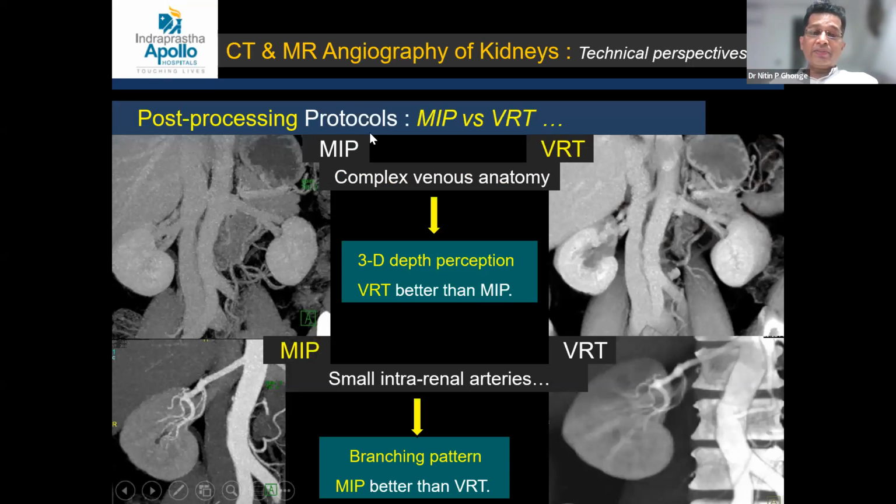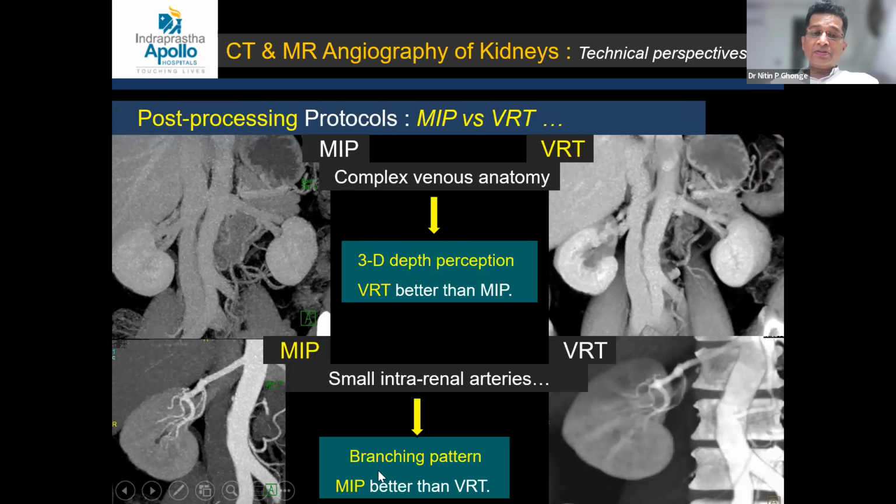Different post-processing protocols are available on CT, which are called MIP or VRT. As a nephrology resident, you need to be aware of this. MIP is a maximum intensity projection which helps in picking up finer intrarenal branches.